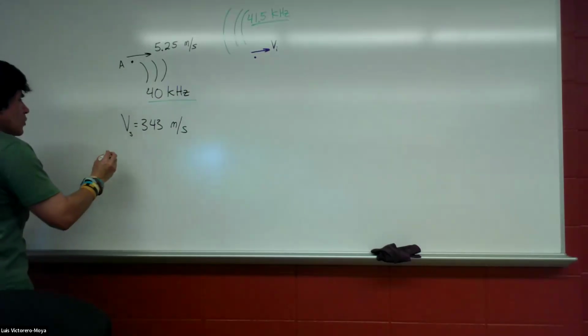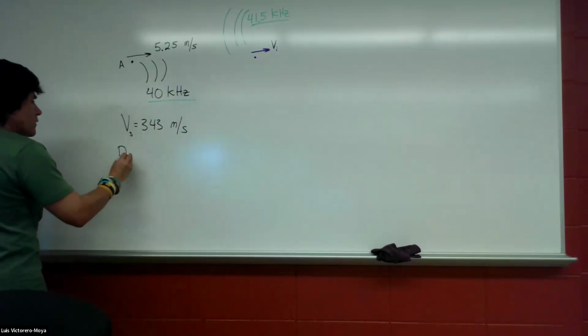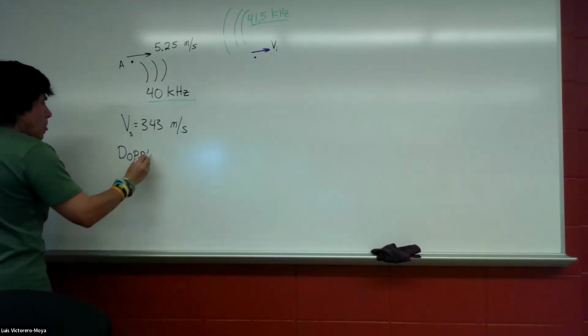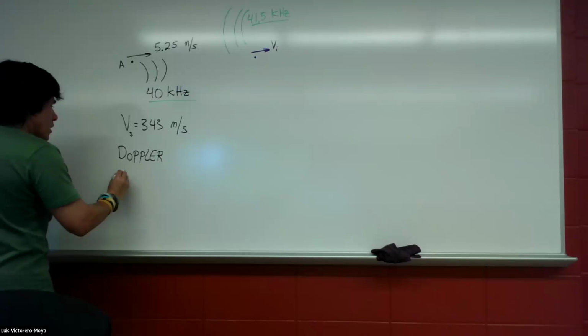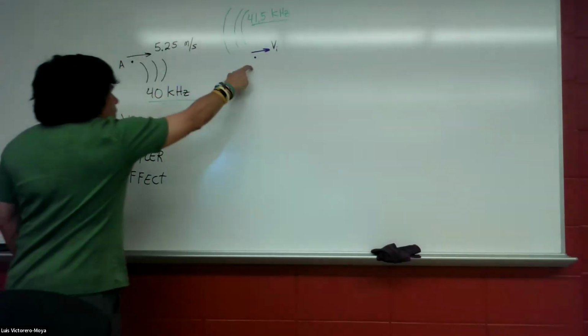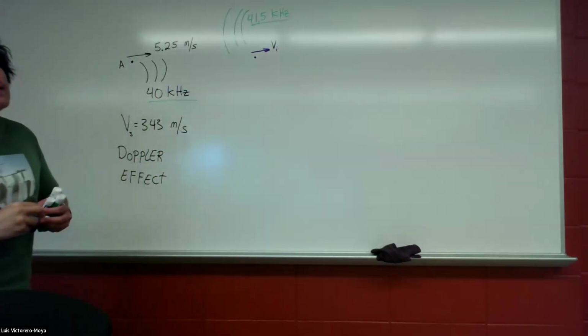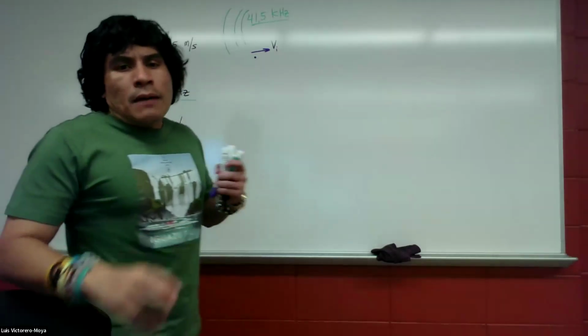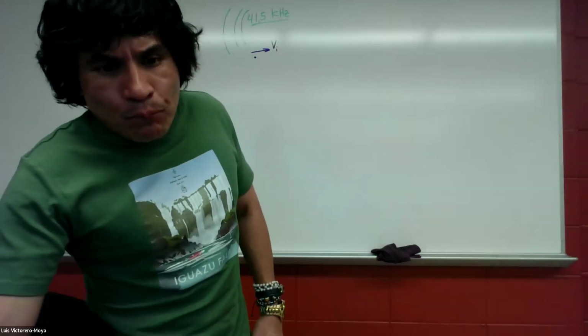So this is a problem where you have to use the Doppler effect. And you have a moving source and a moving object. But the bat is receiving an echo.